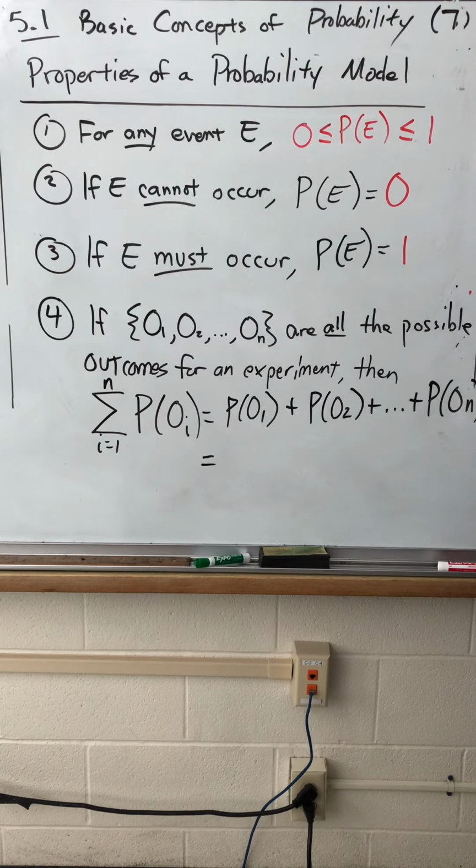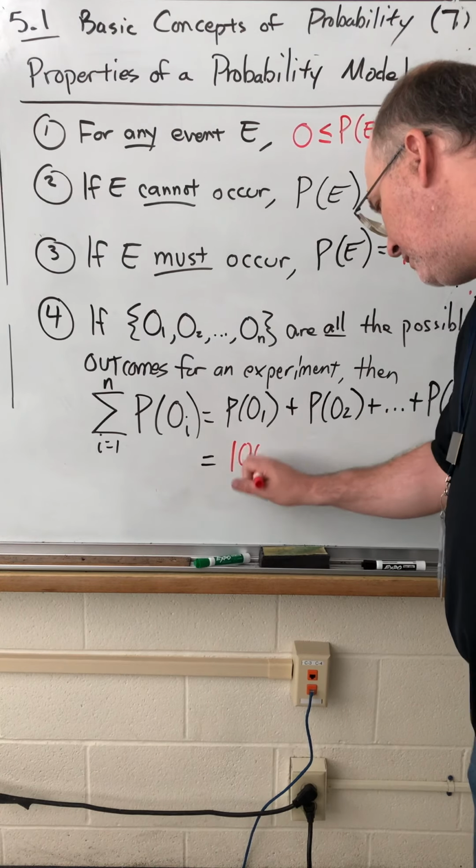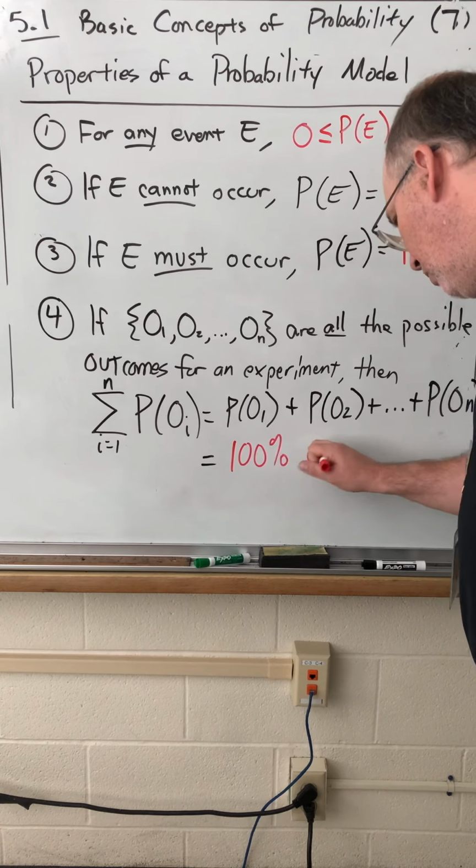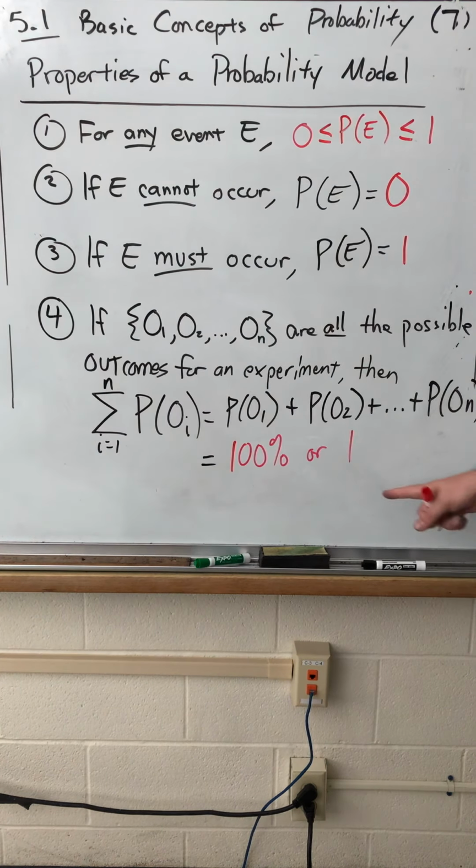So what do you think the sum of all the probabilities is for an event's possible outcomes? Well, it was the same as it was at the end of the previous example, 100%, or 1. In fact, I want to go back up to the previous properties and state them in terms of percents as well.